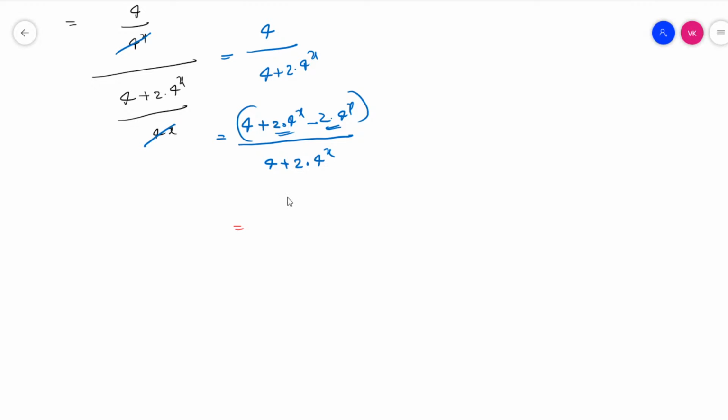Then we can write 4 plus 2 into 4 power of x by 4 plus 2 into 4 power of x, and minus 2 into 4 power of x by 4 plus 2 into 4 power of x.